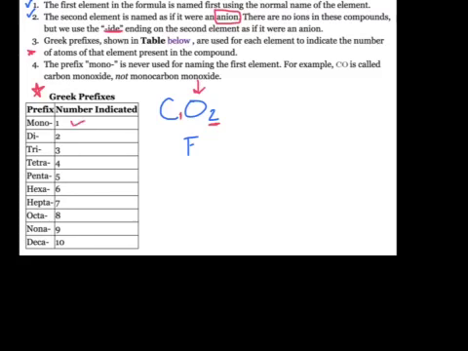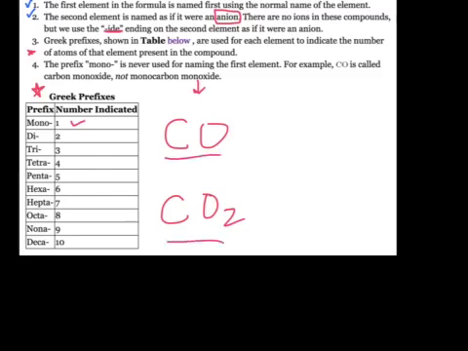Our book gives an example. There's a difference between these two compounds. You can see there's 2 oxygens here as opposed to 1 up here. For both of these, they're going to start the exact same because there's 1 carbon, so it's carbon and carbon.